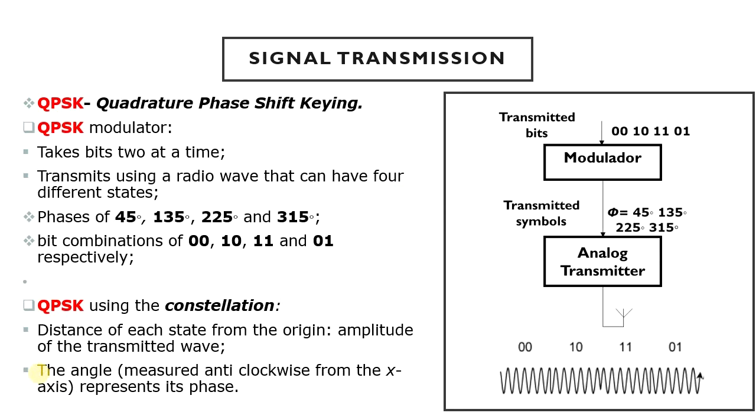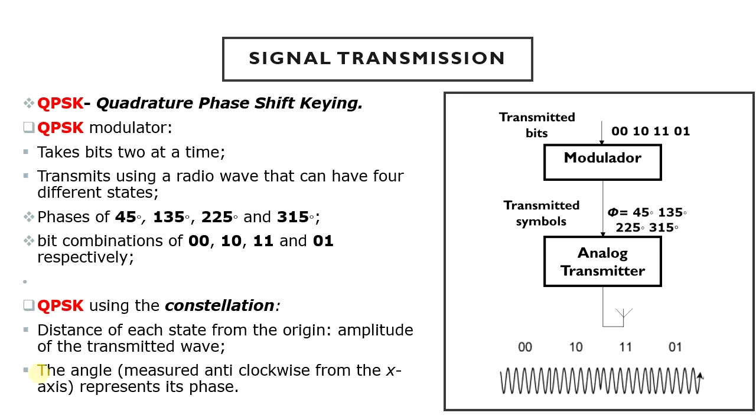The modulation scheme used in the figure is known as quadrature phase shift keying, QPSK. A QPSK modulator takes the incoming bits two at a time and transmits them using a radio wave that can have four different states.